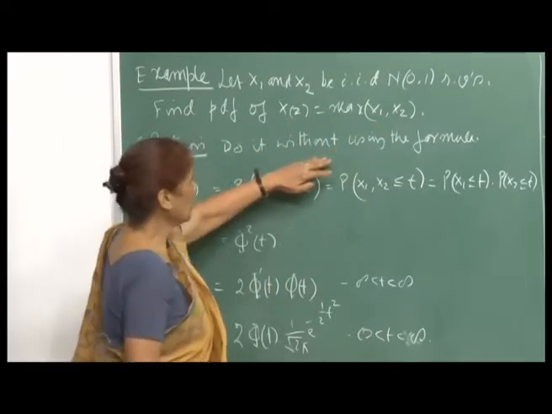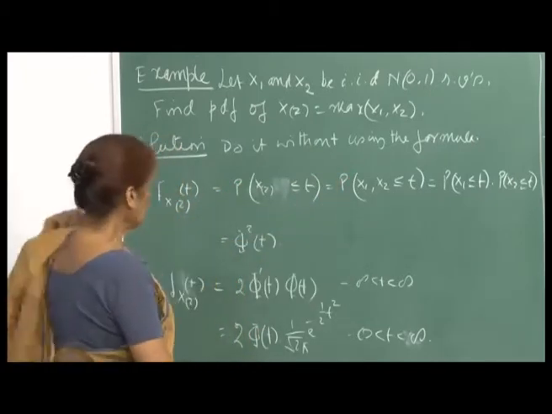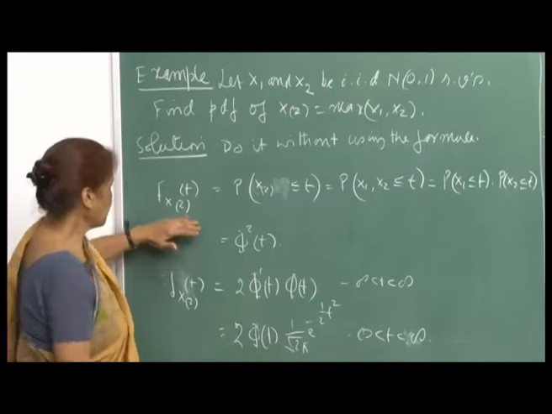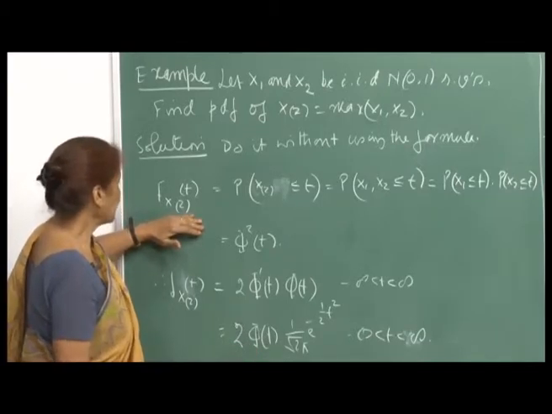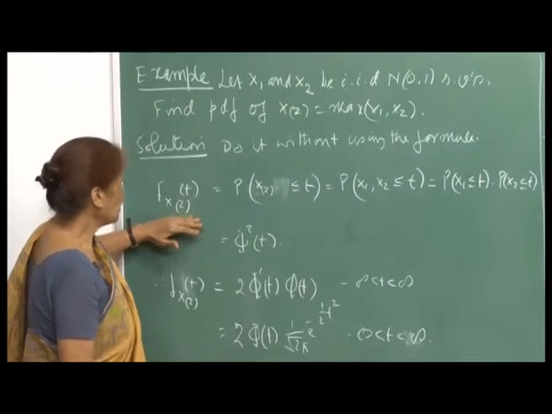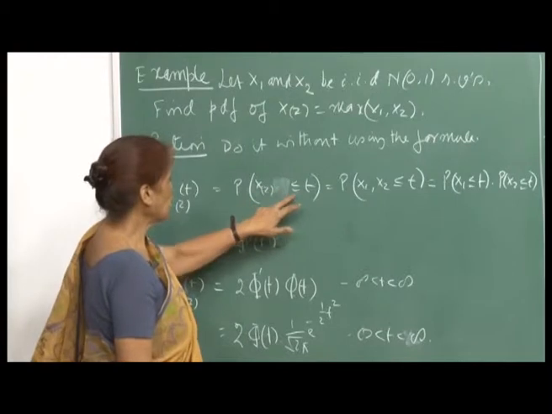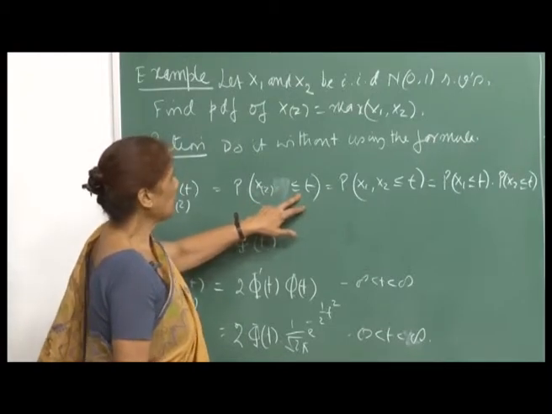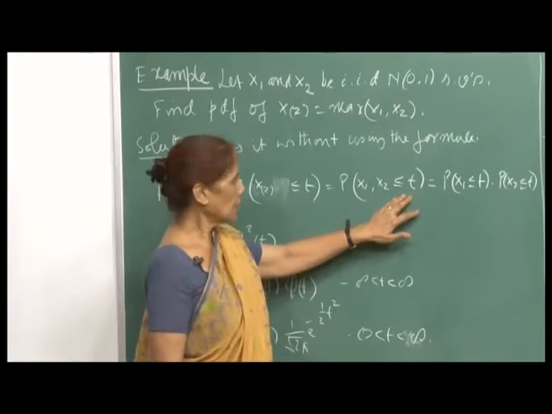We will again obtain this without using any formula. As I explained, if you want to find the CDF for the largest one, it will be the probability that X_(2) is less than or equal to t, which implies that both the values X_1 and X_2 should be less than or equal to t.